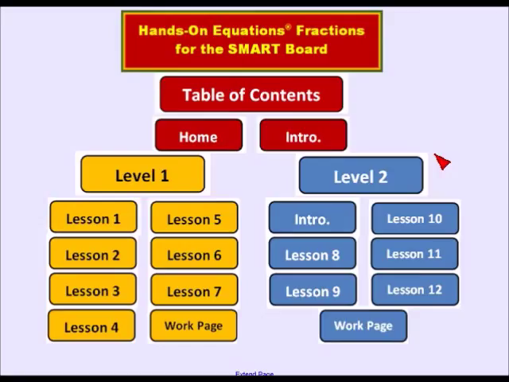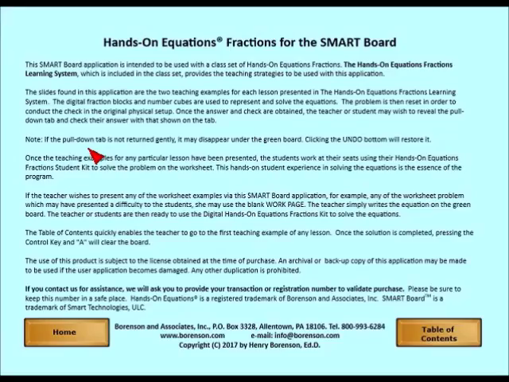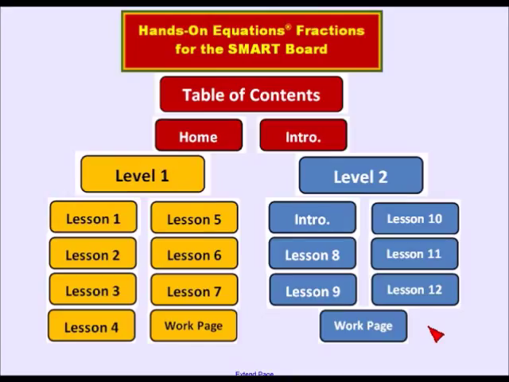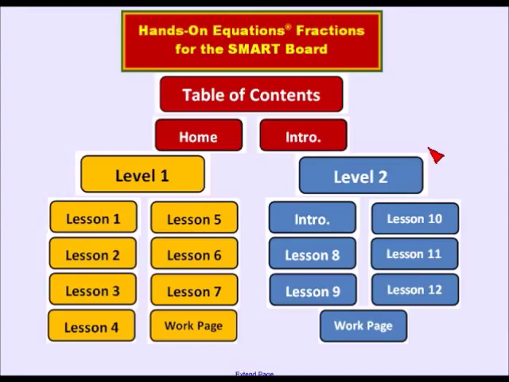So this then gives you an idea of the Hands-On Equations Fractions for the smartboard application. From the table of contents, you could go to the home screen, you could go to the introductory page, and then you could go to the level 2 problems, which involve negative constants.